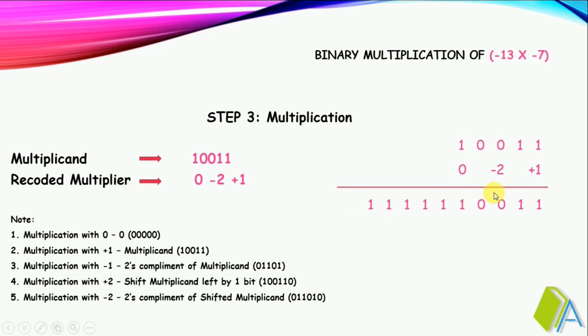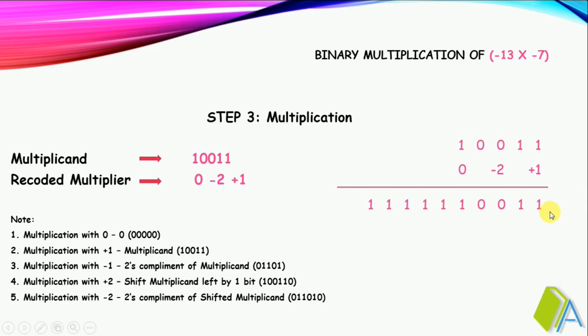Now I have to perform multiplication with minus 2. Multiplication with minus 2 means I have to take the 2's complement of the multiplicand. After that I have to shift that result left by 1 bit. So this is the 2's complemented as well as shifted value after multiplying with minus 2.